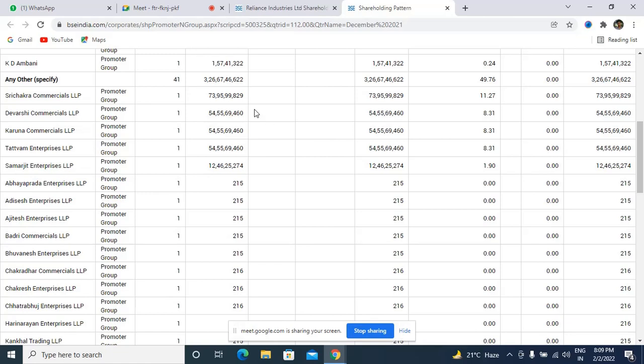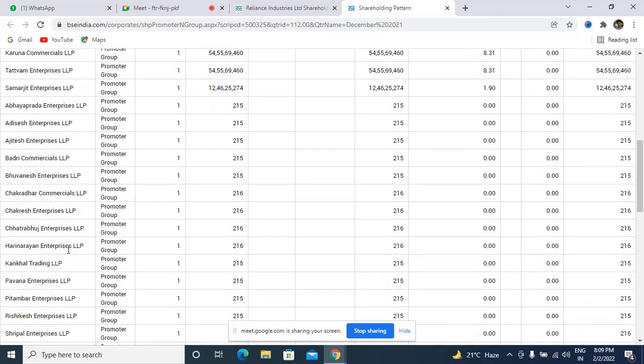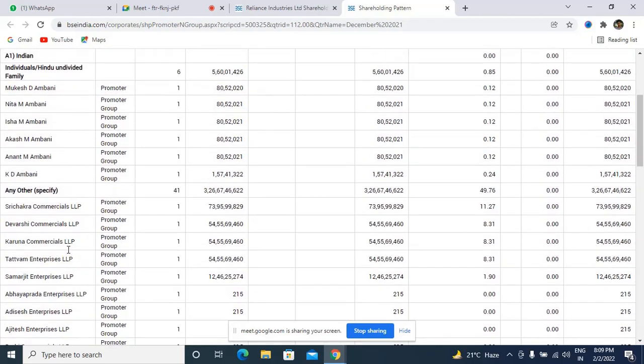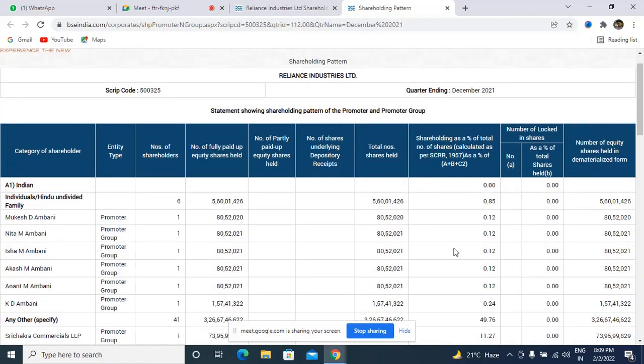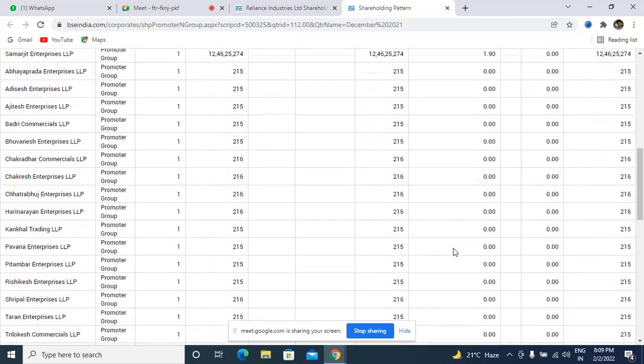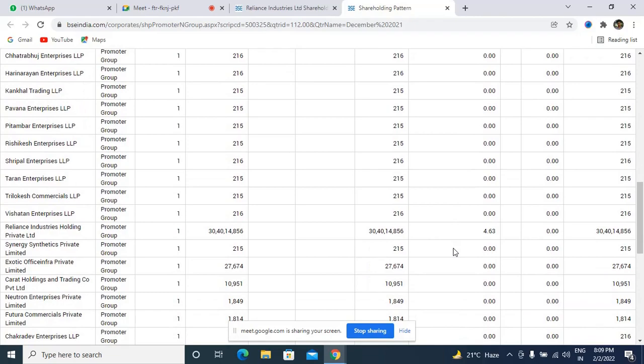Any other specified promoter group you can see? Follow this column along with the names.